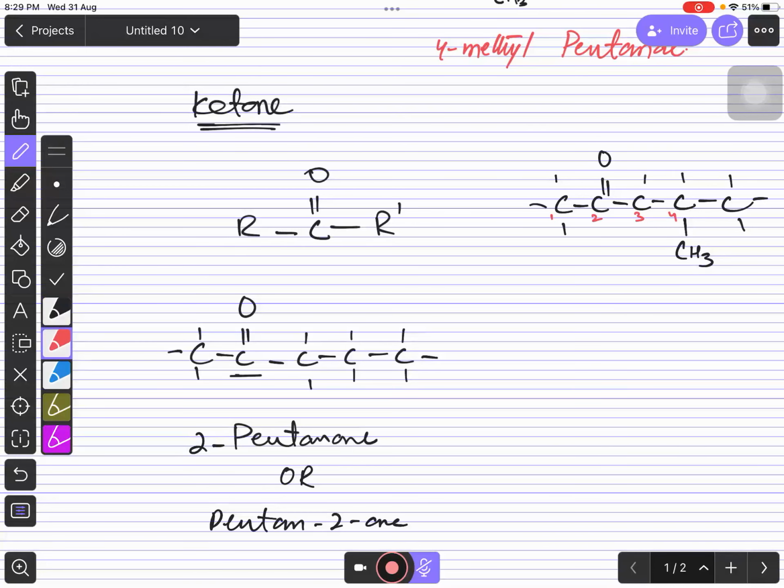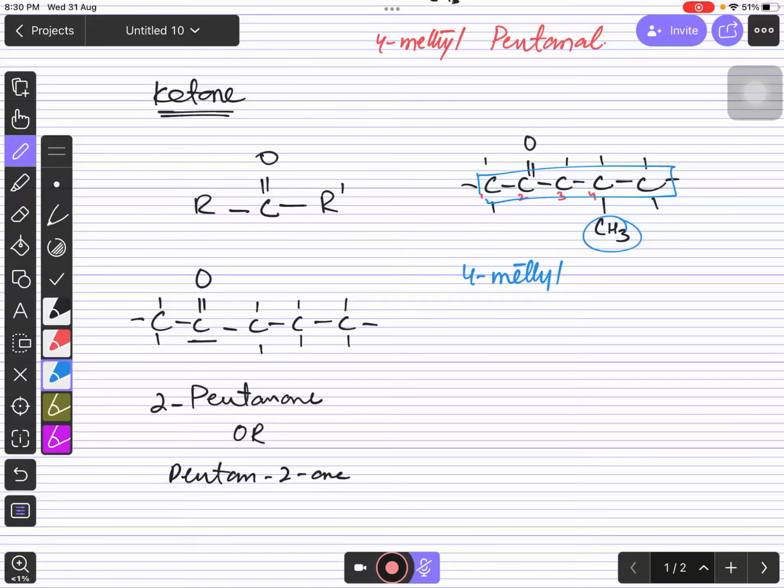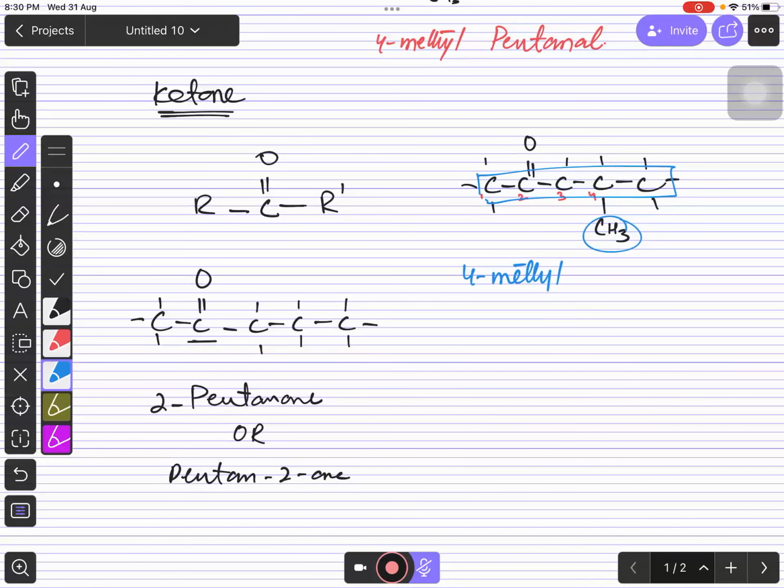So the name of this is 4-methyl. On the fourth carbon, we have a methyl group, right? And the total number of carbons in the main chain is 1, 2, 3, 4, 5. We are not considering the carbon of the branch because we already mentioned it as 4-methyl, and it is pentan-2-one, right?